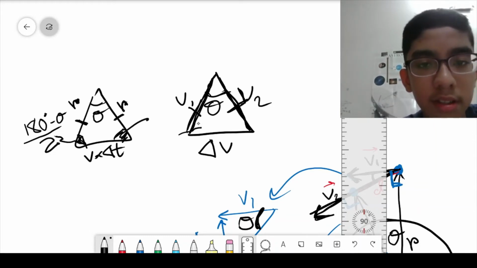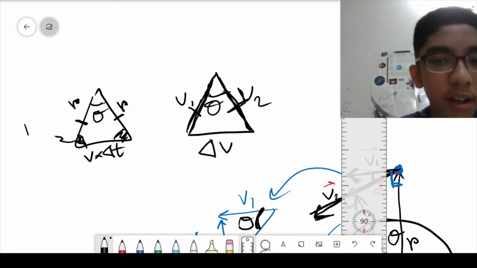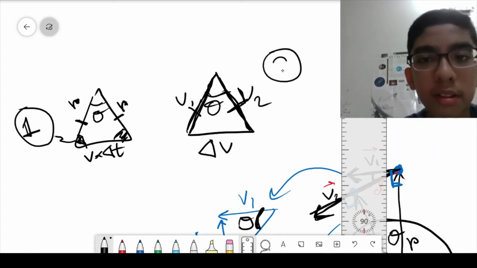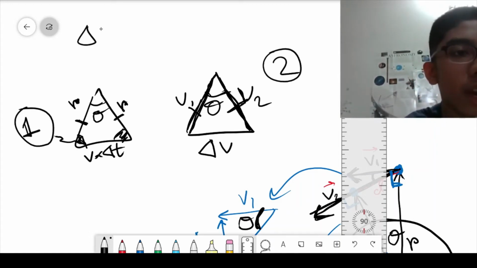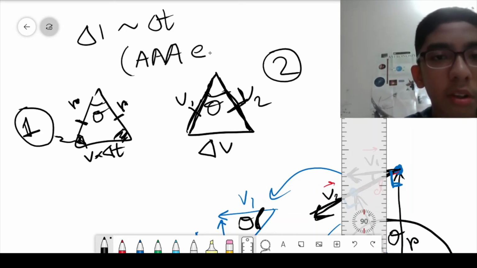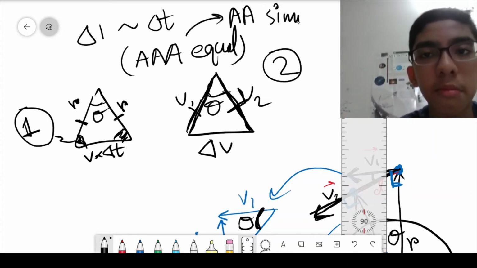And so is this angle, and so is this angle. So we can see that if this is triangle 1 and this is triangle 2, triangle 1 is similar to triangle 2. This is because all the angles are equal. So this actually comes from the angle similarity theorem.